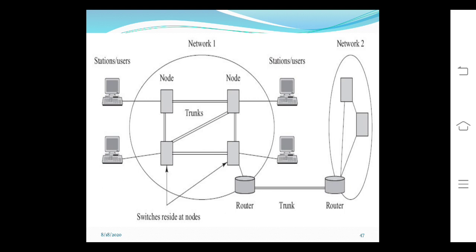Each node will have a switch which will be finding the routes between the transmitter and the receiver, and the routers will provide the routes between the transmitter and the receiver. In the second network, similarly, many nodes and switches are present in each node. Between router to router, a trunk, that is the line of connection between these two networks, is shown.